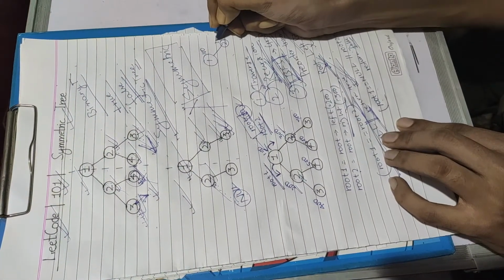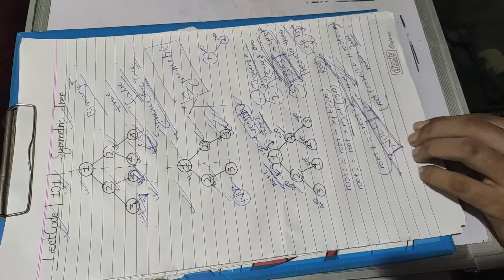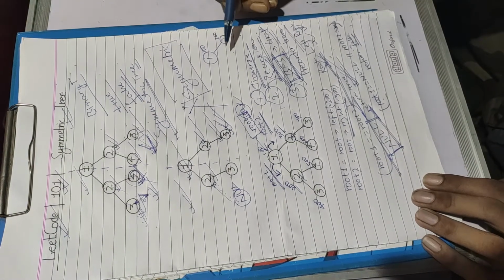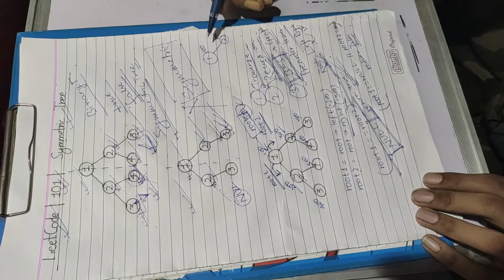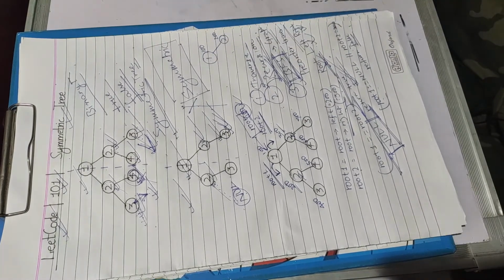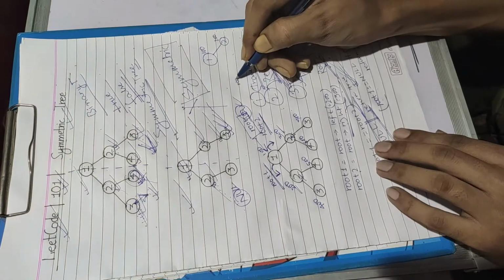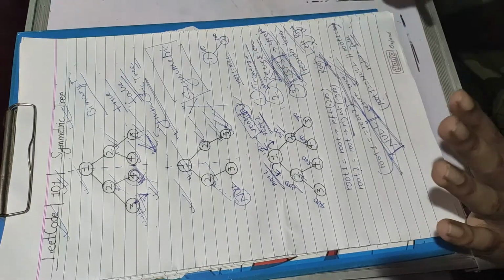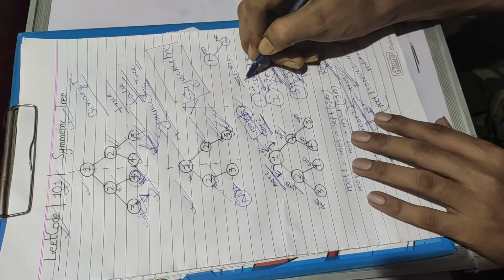Now if we assign root 1 and root 2, root 1 will be the left hand side of 100, that is nothing, so root 1 equals null.